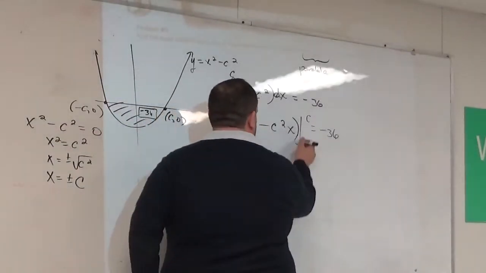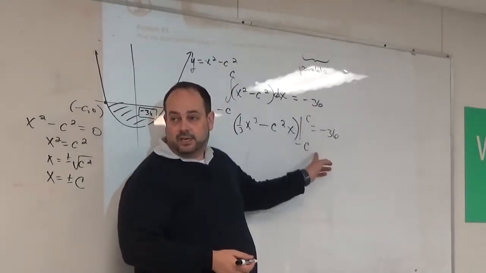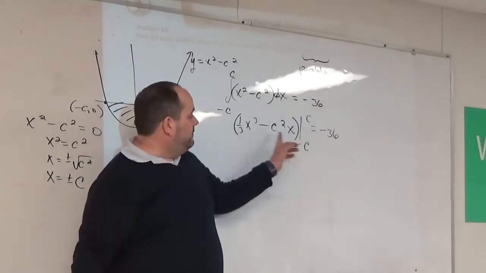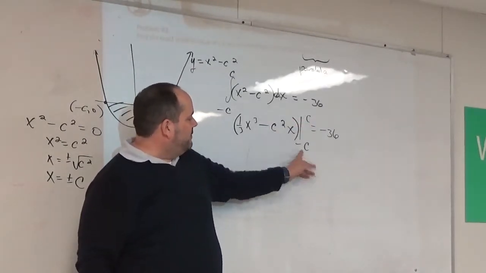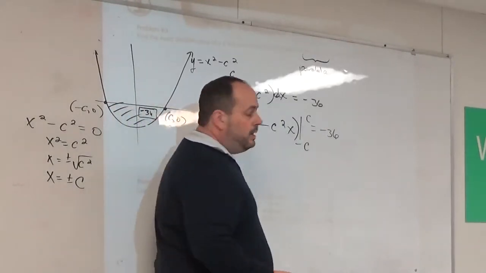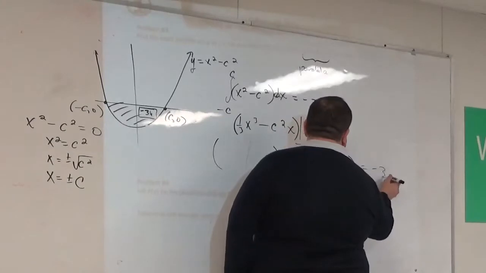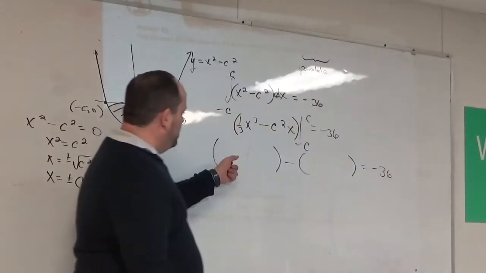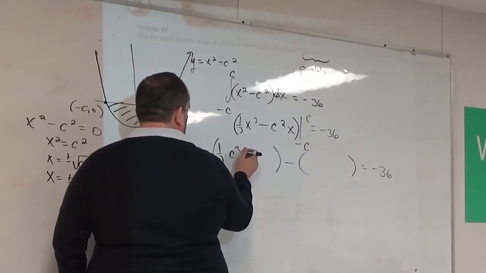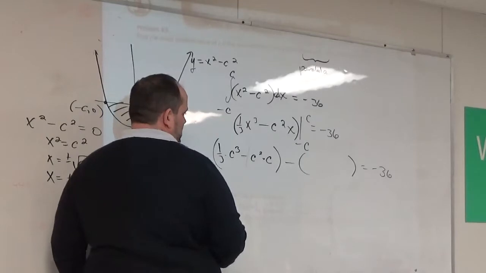That's the antiderivative. You've got to evaluate at negative c and c, which means, Jose, finally we're at the plug-in part. Everywhere there was an x, you're going to plug in c. Everywhere there was an x, plug in negative c. But you don't know what negative c is. You're right, you don't. But let's just keep going here. Big parentheses minus big parentheses, c gets plugged in first. 1/3 c cubed minus c squared times c.